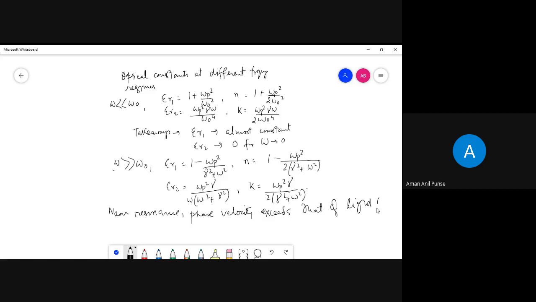Information cannot travel that way. Yes, that's what we had also decided. So I'll just write that down.